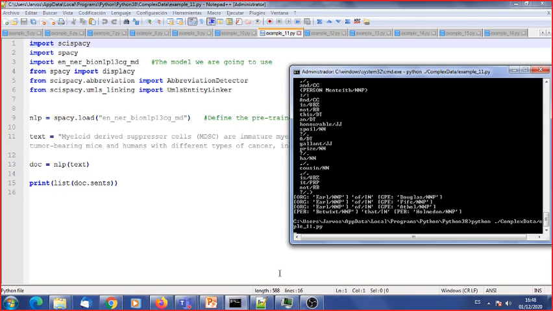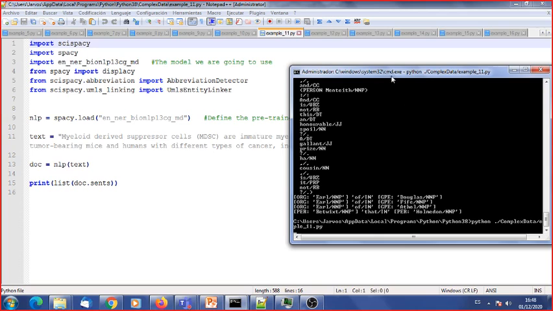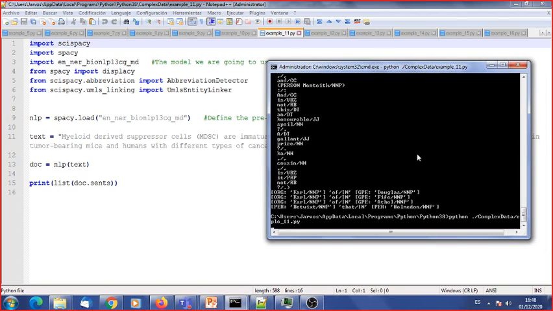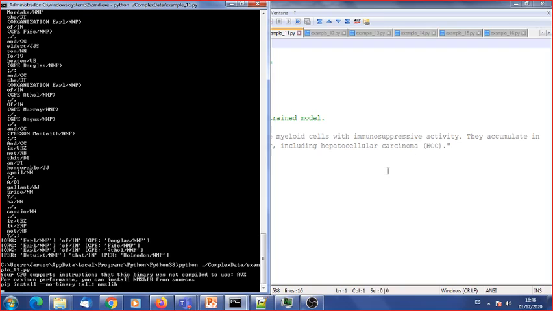In this case, I use spaCy and this model. So I run the code, and as in our previous pipeline, we are going to segment the text into sentences.